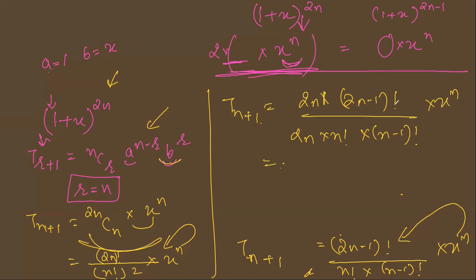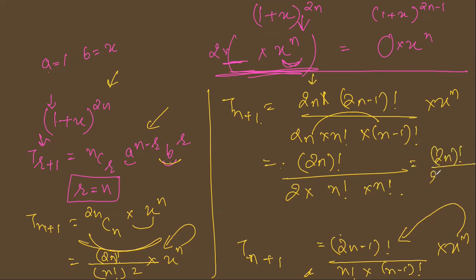Now 2n multiplied by 2n minus 1 factorial. See, the preceding of 2n minus 1 is what? Whenever you are writing the preceding terms, you are just subtracting 1 from the term. So 2n multiplied by 2n minus 1 factorial is 2n factorial only. Right? Twice of, see, n multiplied by n minus 1 factorial. This is n factorial only because the preceding term of n is n minus 1. Now n factorial. So what is left? 2n whole factorial, twice of n factorial square.